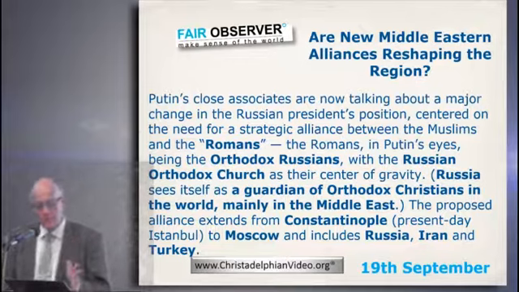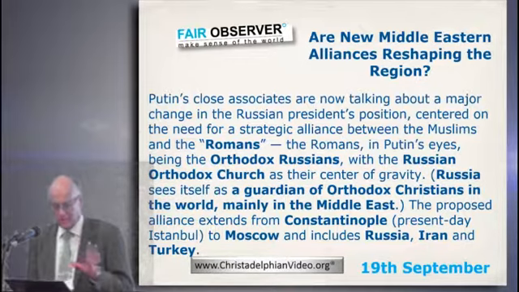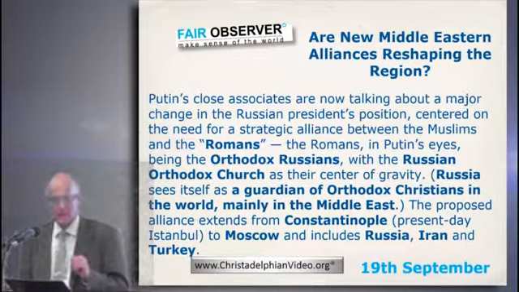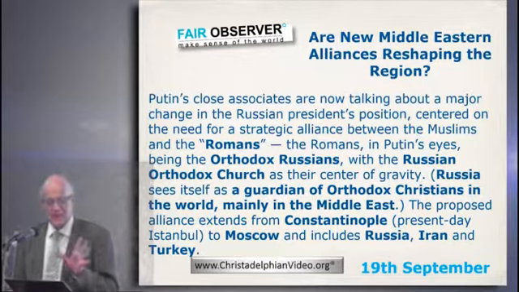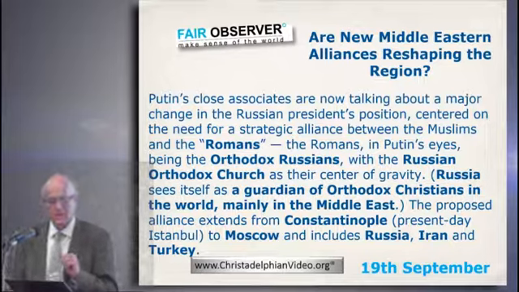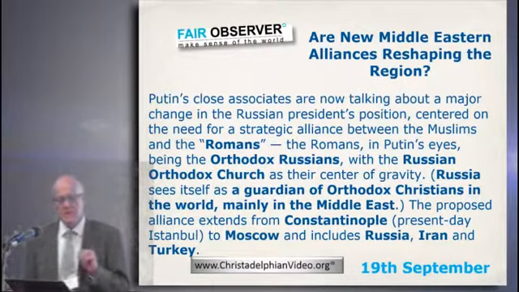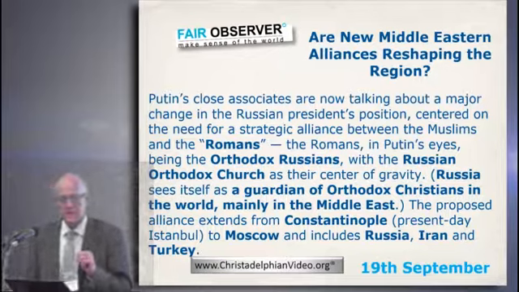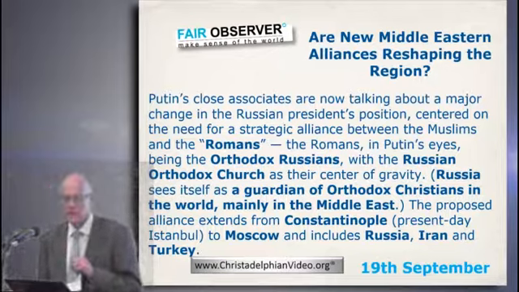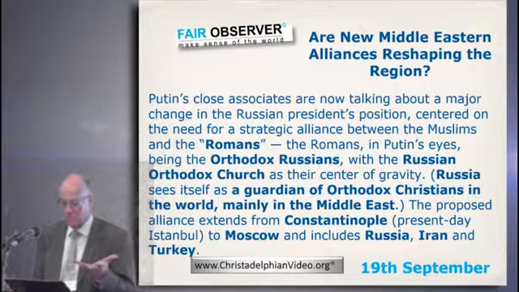So, looking now at the work of Putin, this is again the headline: are new Middle Eastern alliances reshaping the region? This is back in September. Putin's close associates are now talking about a major change in the Russian president's position, centred on the need for a strategic alliance between the Muslims and the Romans.